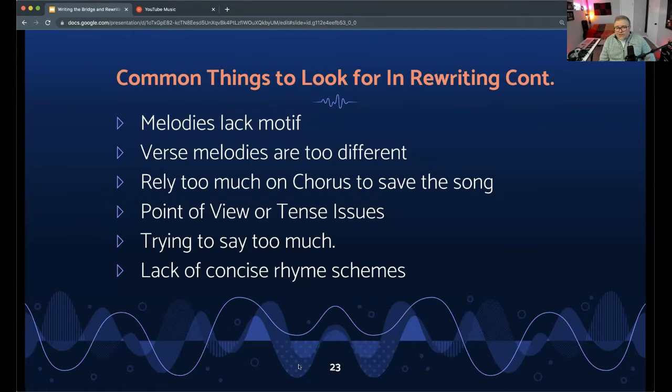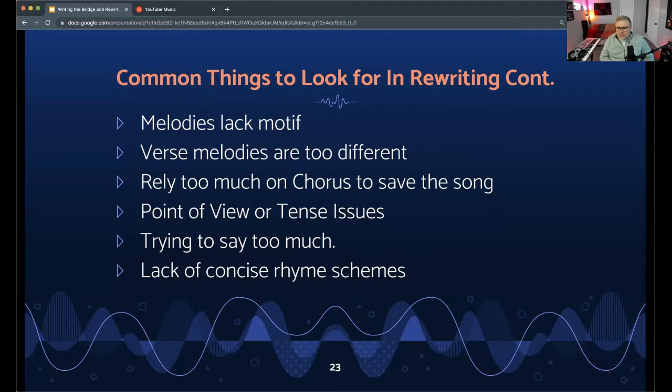Also, watch for point of view issues or tense issues. If you're starting in first person, unless you explain why you're changing point of view, you'll want to stay consistent throughout the song. Same way with tense. If you're talking about the past, unless you add words that bring us to another time, tense issues will stand out and confuse your listener.